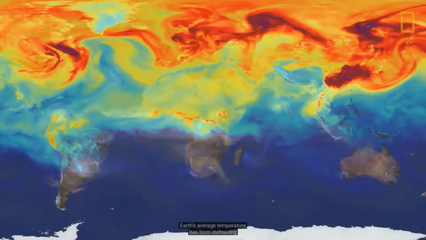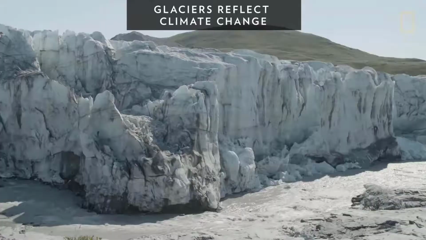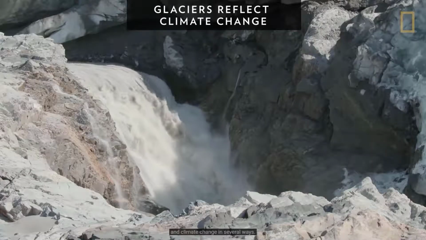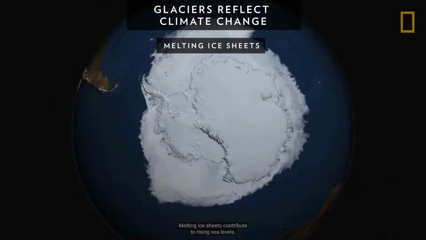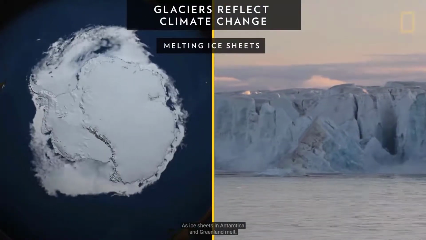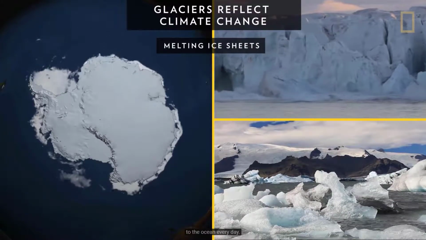Earth's average temperature has been increasing dramatically for more than a century. Glaciers can act as indicators of global warming and climate change in several ways. Melting ice sheets contribute to rising sea levels. As ice sheets in Antarctica and Greenland melt, they raise sea levels, adding fresh water to the ocean every day.